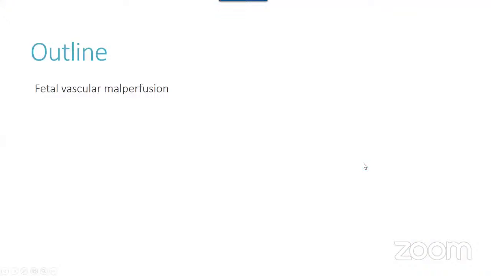So just a brief outline of what we're going to be talking about today. Obviously, we're going to be talking about fetal vascular malperfusion, which is one of the 4 main categories of placental pathology. And I'll show you in a minute where that fits into the broader spectrum of what happens in placental pathology. We're going to go over some clinical associations, the pathophysiology, gross findings, especially in placenta.